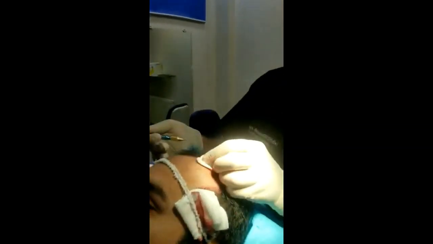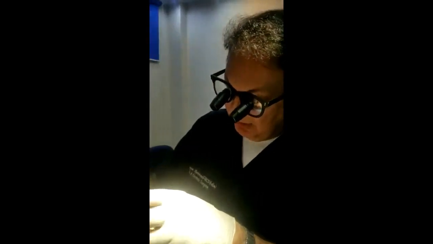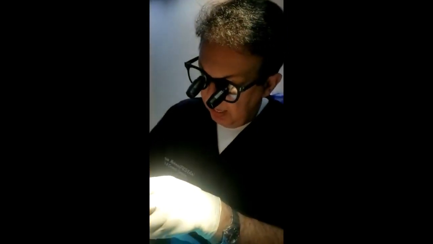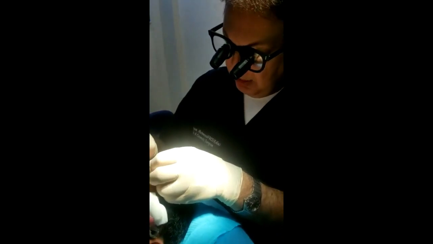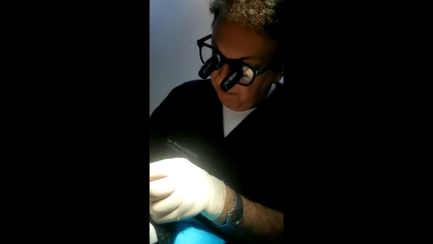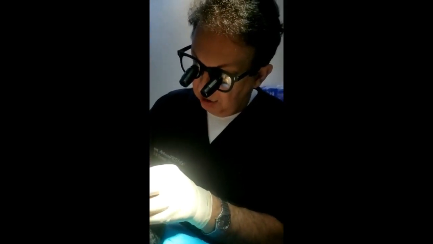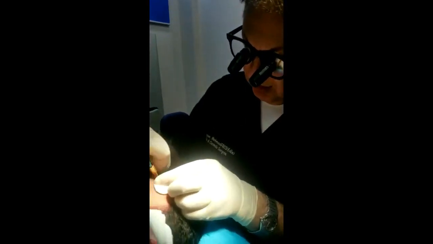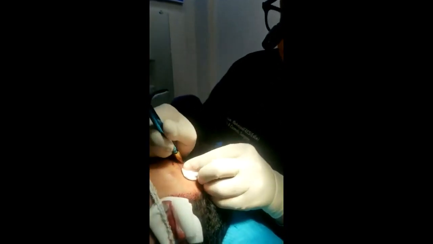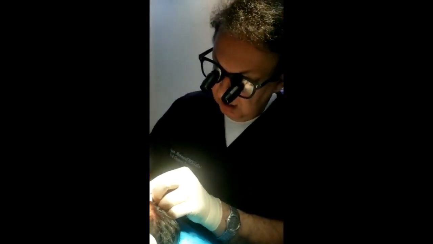So if I damage a vessel over here, 6 vessels on the periphery, I can actually necrose the whole of the scalp. So as much as the scalp has a great blood supply, it is still dangerous, because technically, with my FUE and FUT, I can damage all the vessels at the periphery, and I can create a necrosis in the middle.